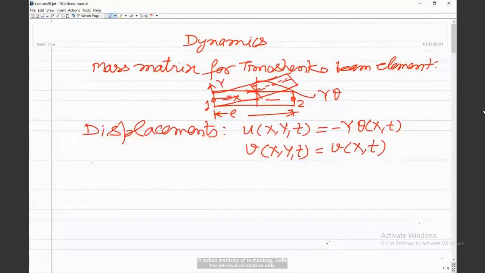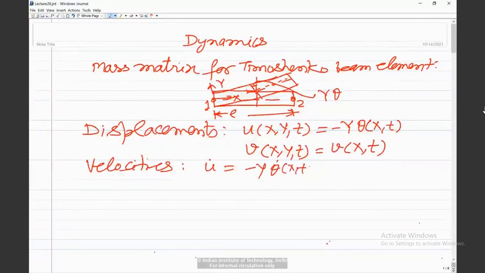But I am only looking at the mass matrix now. So just look at the velocities. The velocity along u, u dot, will be equal to minus y into theta dot, which is a function of x and t. The other velocity component would be v dot.